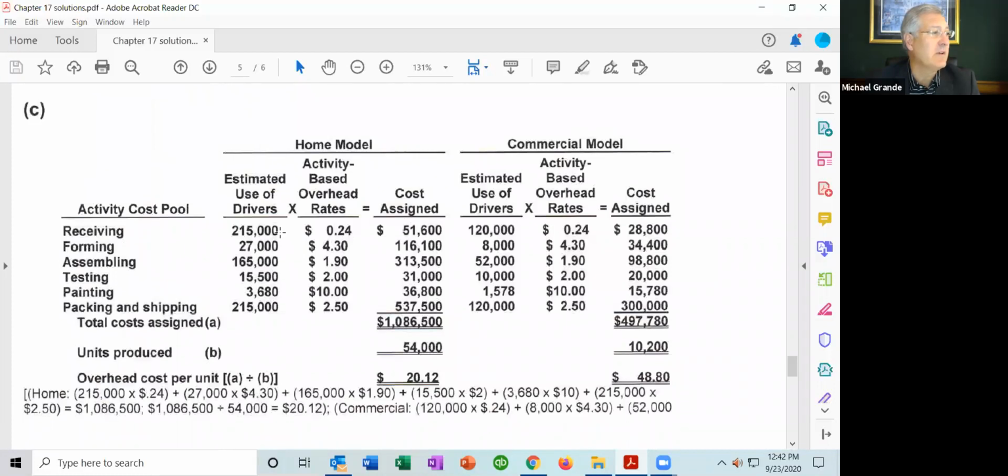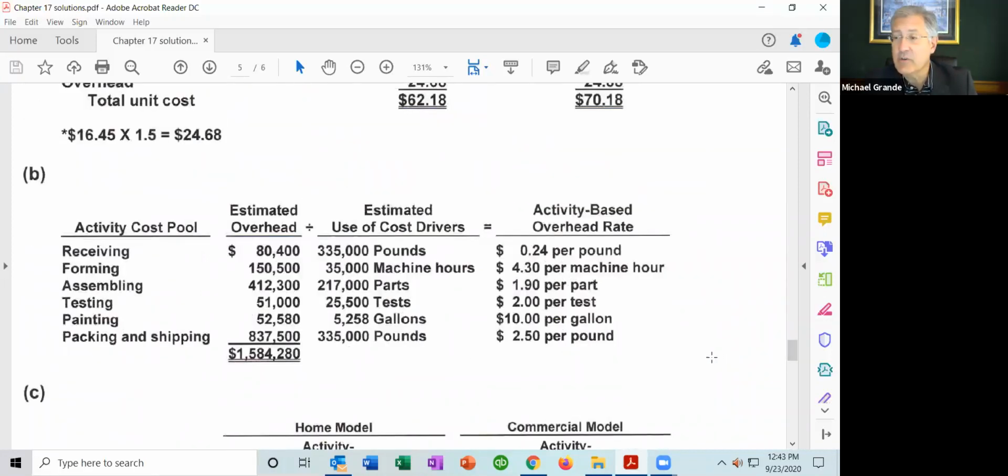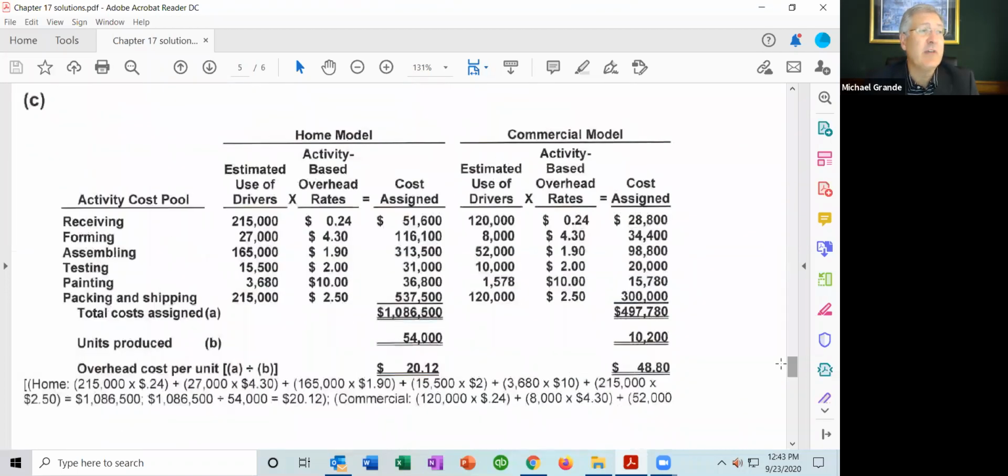215,000 pounds for home, 120,000 pounds for commercial, multiplied times the activity rate, which comes from that chart right there, which you just calculated. And they do that for all of the activities, all of the cost pools.